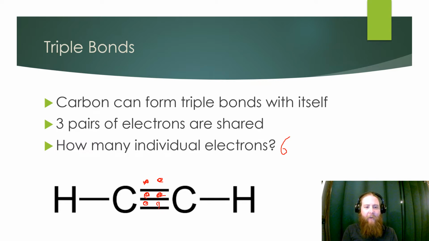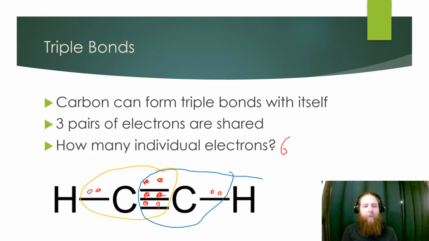This carbon and this hydrogen, each one of these are sharing an electron in a single bond, and this carbon and this hydrogen. So what this ends up looking like is each one of these carbons has 8 total electrons, which is that number that it wants to have. Each one of these has 8 total electrons that it's sharing, making it a full happy element.